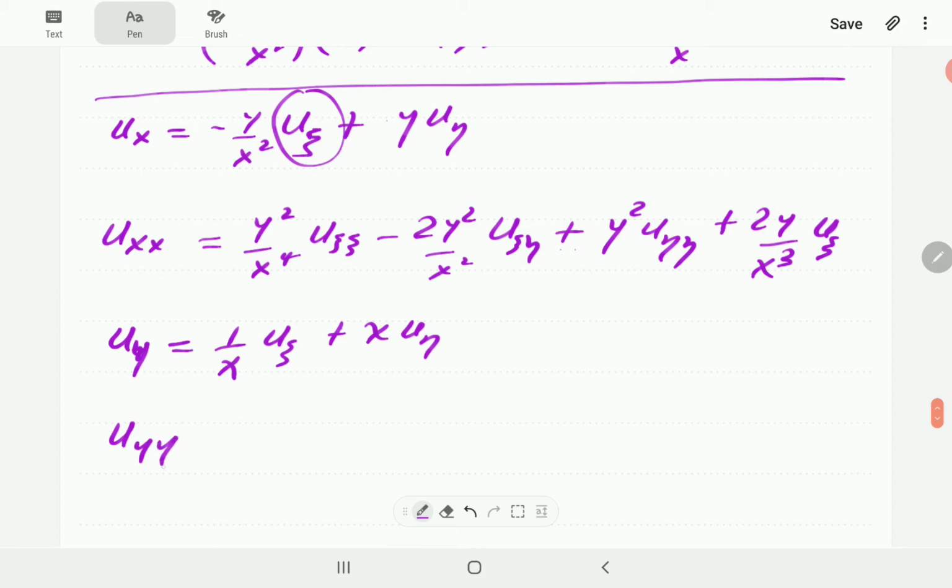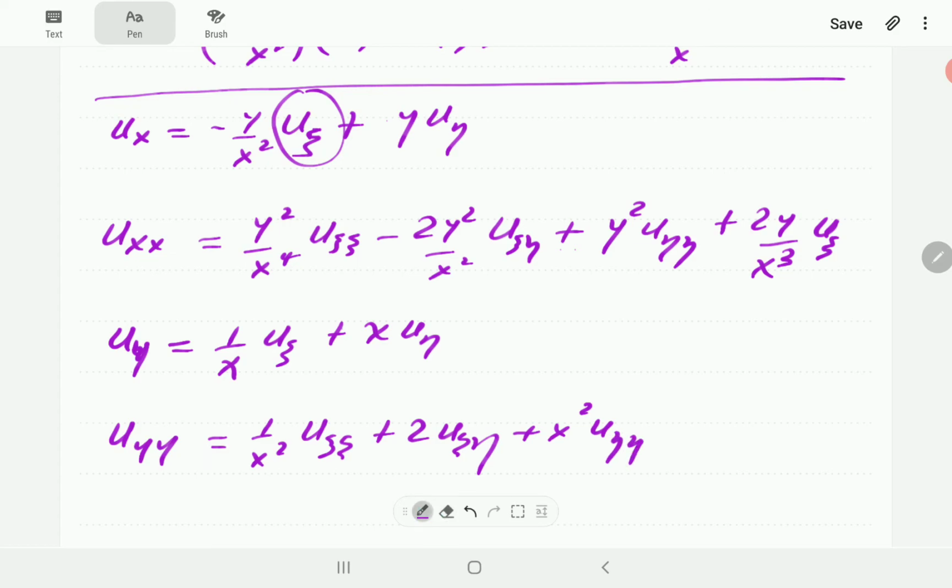So then uyy is going to be the square of this, then plus 2 times this coefficient times this coefficient is 1, then plus the square of this coefficient u eta eta.